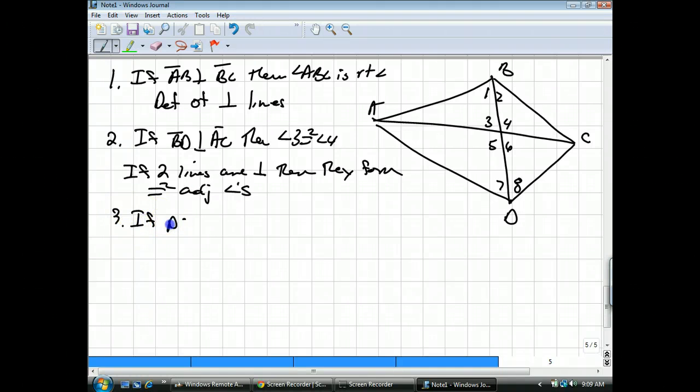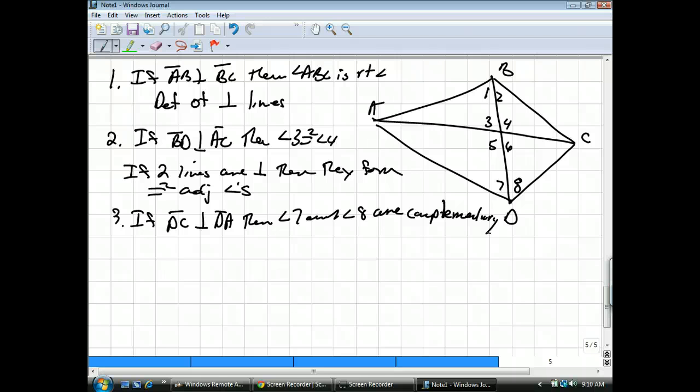If segment DC is perpendicular to segment DA, then angle 7 and angle 8 are complementary. Okay? Right?